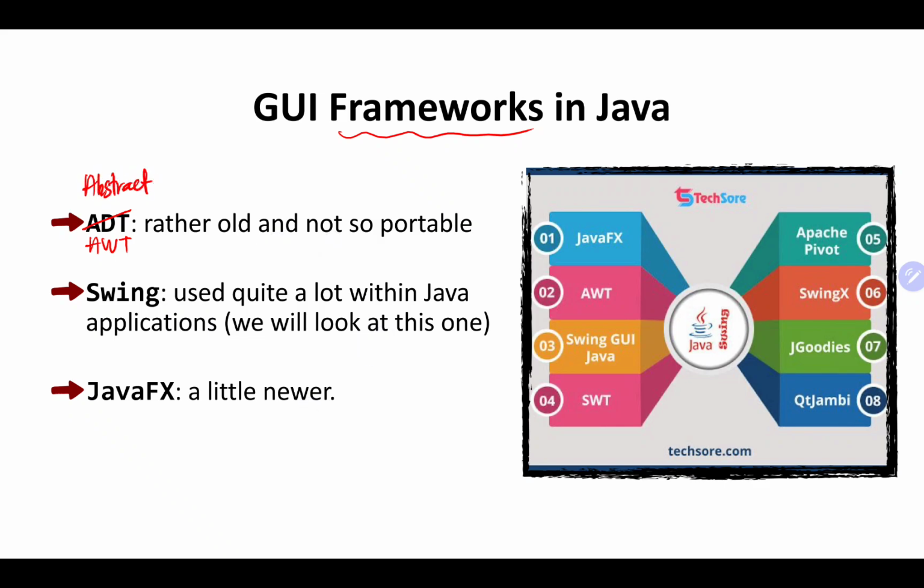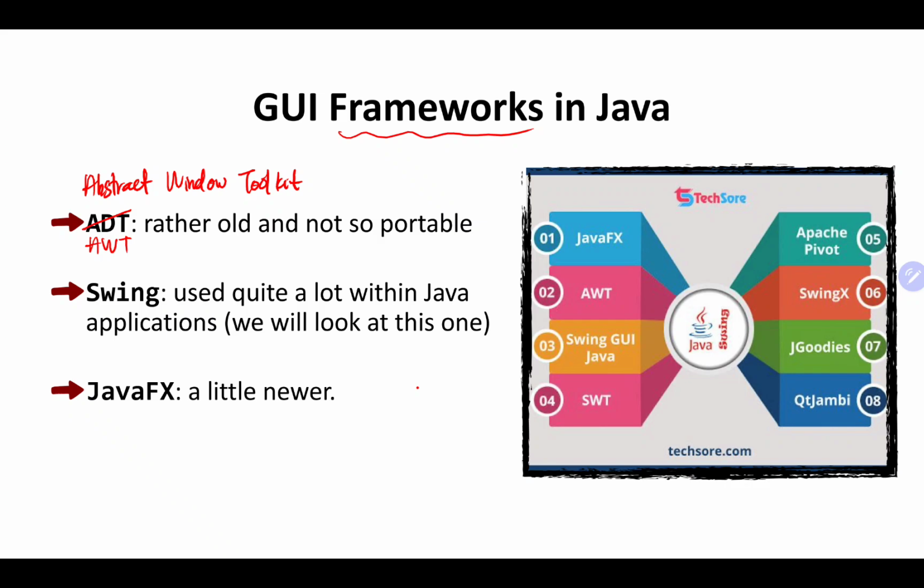It is the Abstract Window Toolkit. Basically, the Abstract Window Toolkit is one of the original toolkits widely used in Java, one of the older frameworks.